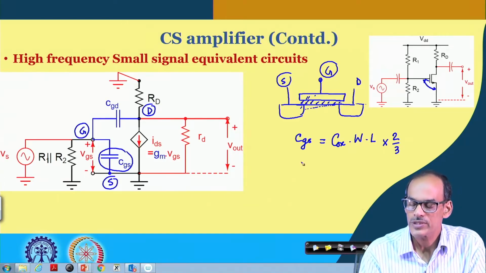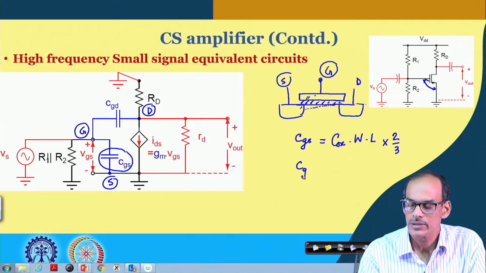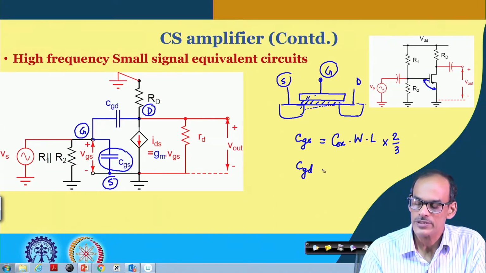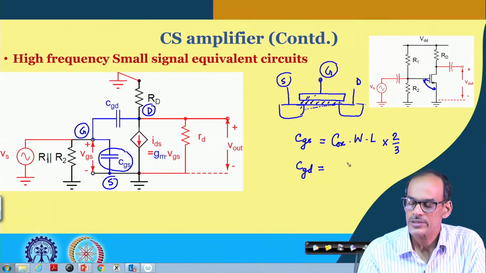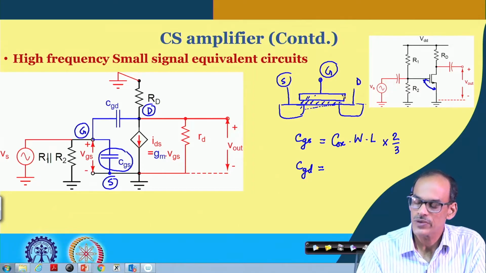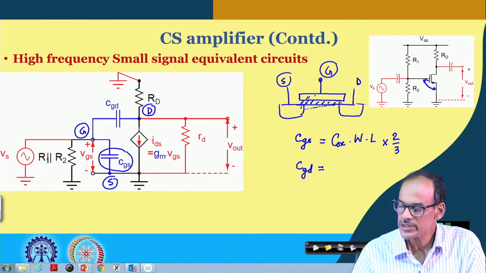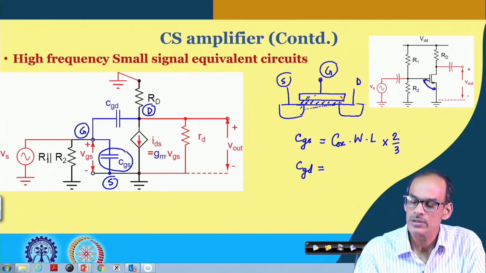On the other hand, if the device is in saturation region, the fringe capacitance is primarily what contributes to the CGD.